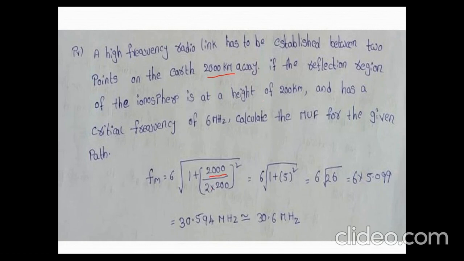Height is given as 200 kilometers. 2 into 200 whole square: the zeros cancel and 2000 by 400 is 5, so 5 whole square is 25. 1 plus 25 is 26, so it becomes 6 root 26, which is 6 into 5.099, around 30.594 megahertz. So approximately 30.6 megahertz.